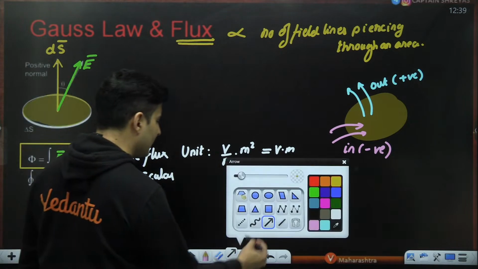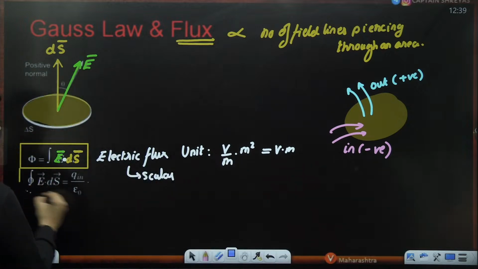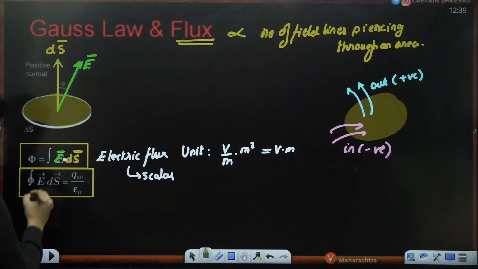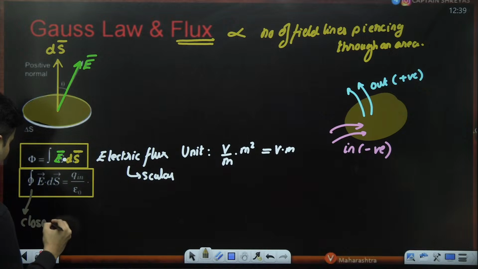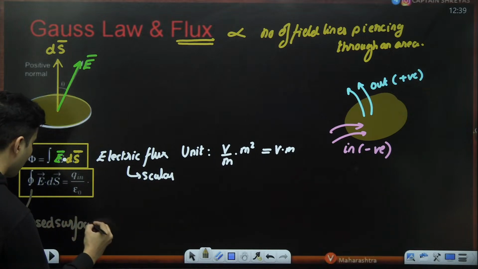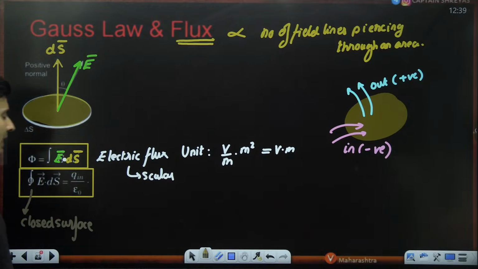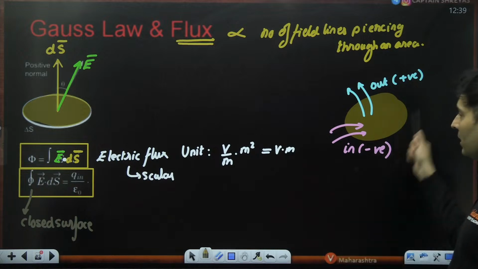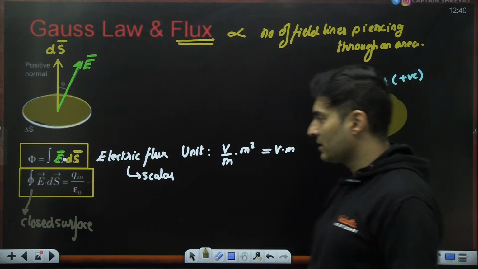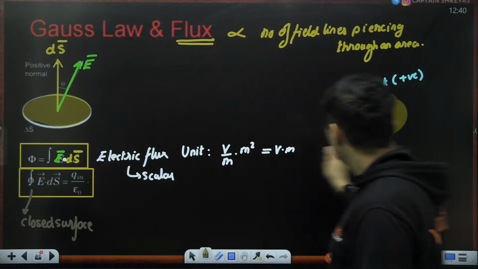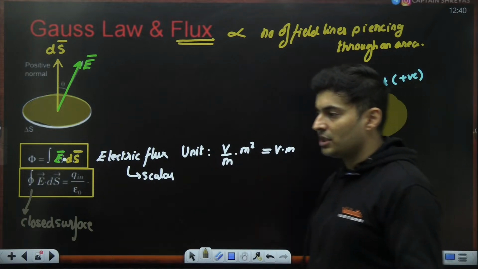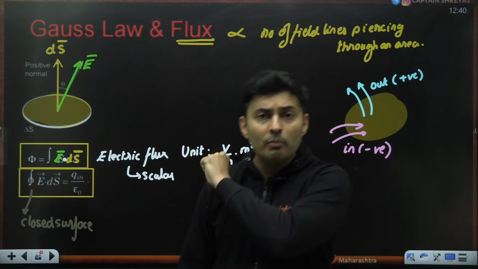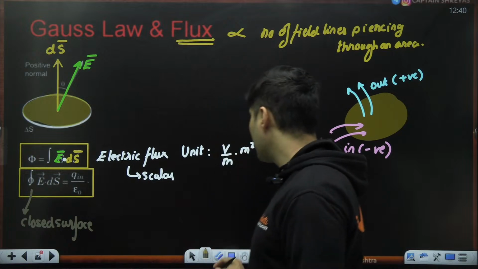Gauss's law says that the total flux through a closed surface, that's why you have this cyclic integral, is always the net charge inside divided by epsilon naught. Although the total flux only depends on the inside charge and not on the outside charge, mind it, on the left hand side, the electric field depends on both inside as well as outside charges.